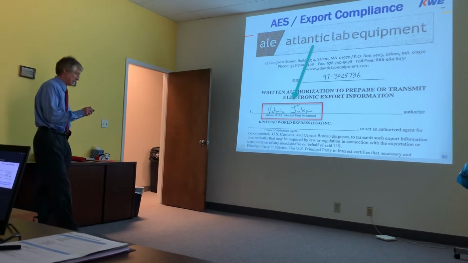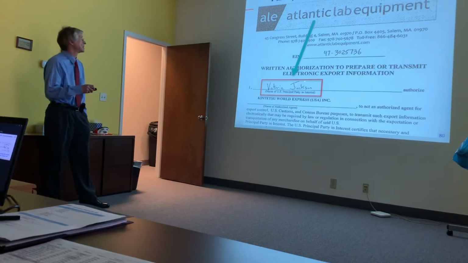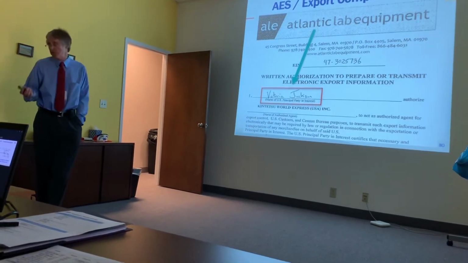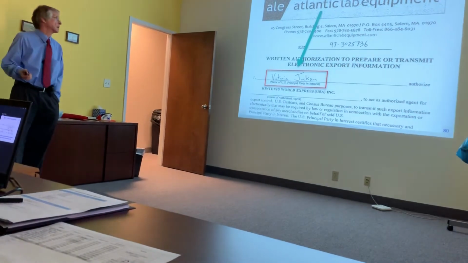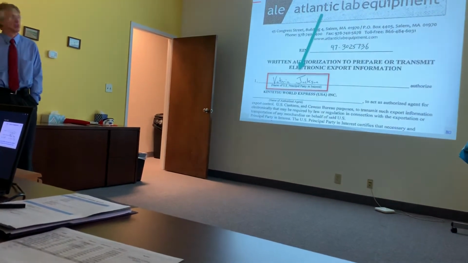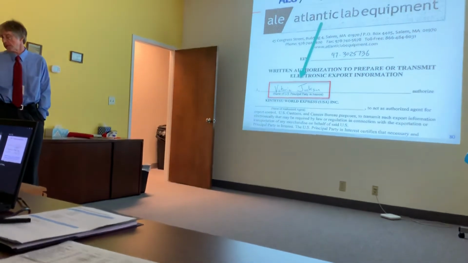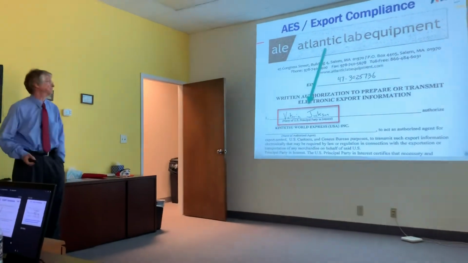What should have been done here was put the name Atlantic Lab Equipment here instead of the individual's name. So it's a good idea to review these when you get them to make sure they're completed correctly. And if you're not sure it's valid, just send it to me and I'll tell you if it's valid or not. If it's not, then we ask them to issue another one.